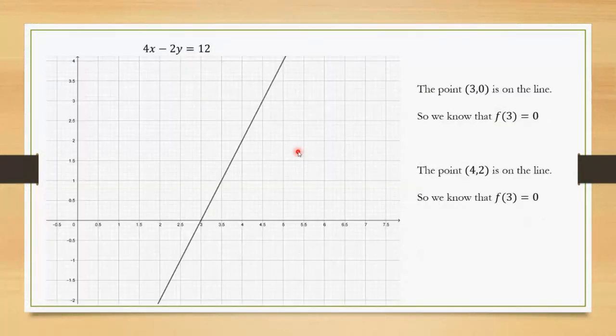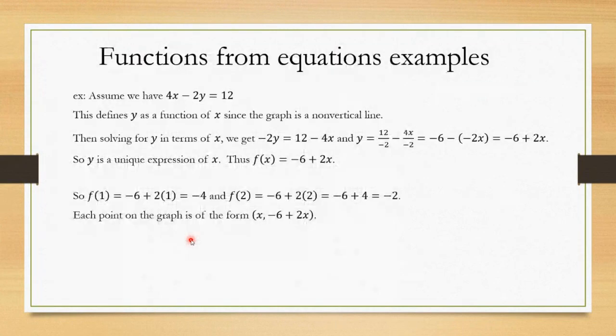Just to illustrate this, if you were to graph this, we have this, as you can see, a non-vertical line here. Basically, we can get y as a function of x. If you solve for y in terms of x, which is what I'm doing here, we can get a formula for a function.